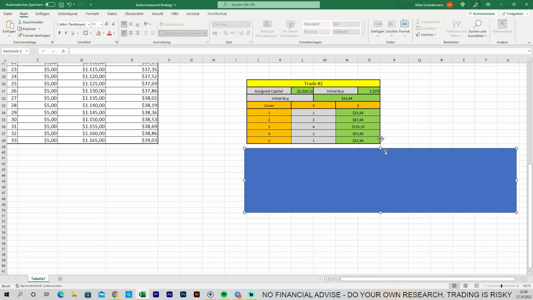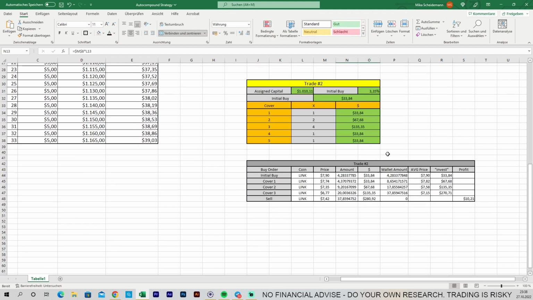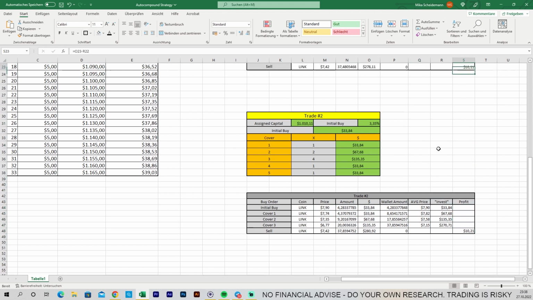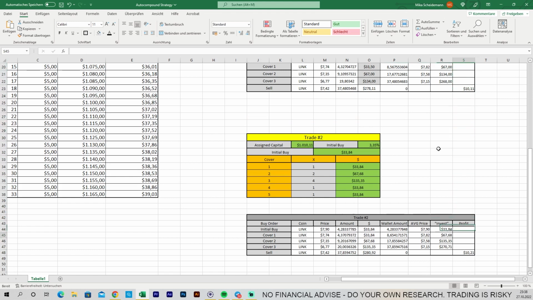So let's make this trade with the same numbers, just the new numbers. This is all the same, same price, everything the same. And then we see that our profit on the second trade, if everything else stays the same, is $10.21. So 10 cents higher than it was on the last trade.